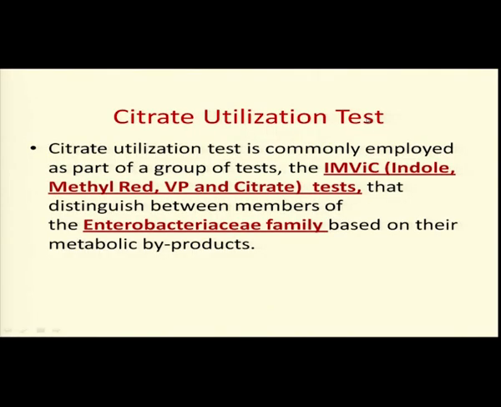Citrate utilization test. Citrate utilization is commonly employed as a part of the test what we call as the IMVIC, the indole, methyl red, VP and citrate test results that distinguish between the members of Enterobacteriaceae. So, different members of the family Enterobacteriaceae have different biochemical reactions.